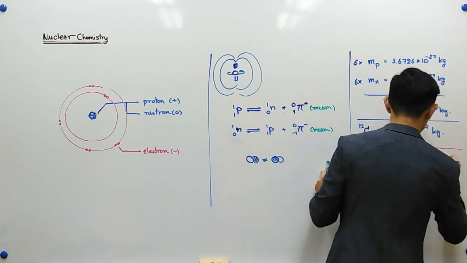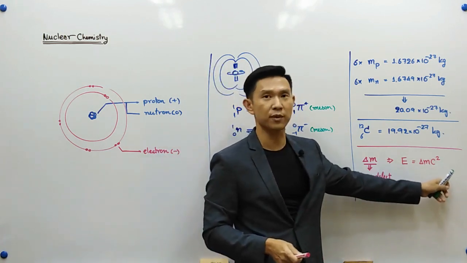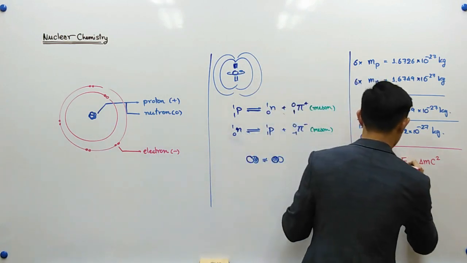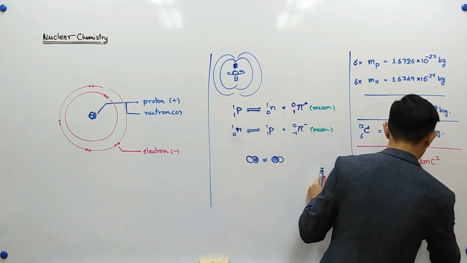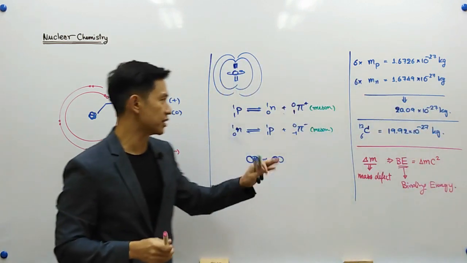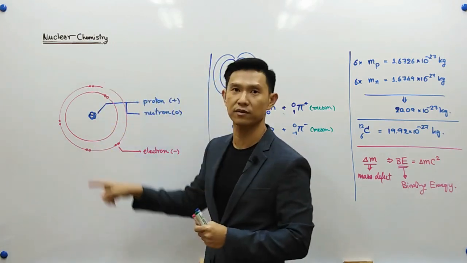But m here is delta M, the mass defect. Multiply with c squared, you have the energy here. And the energy here is called binding energy. What is the binding energy? This is the energy to bind all protons and neutrons together in the nucleus.